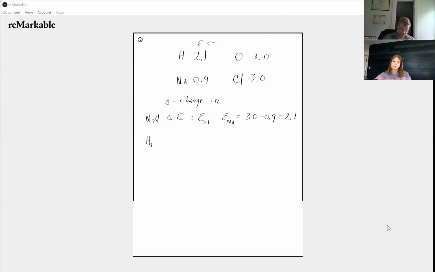For water, and notice we only do it for one bond. This only works per bond. So even though the formula for water is H2O, we're going to look at the hydrogen-oxygen bond. Just one of those bonds, not both of them, because they're both going to be the same, honestly. Do it for one, you do it for both.